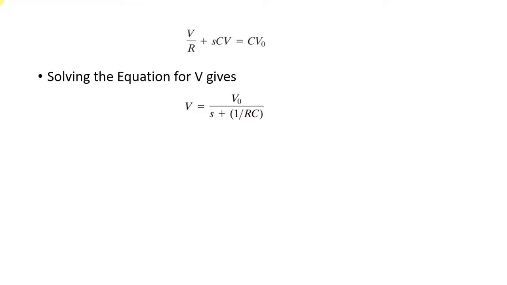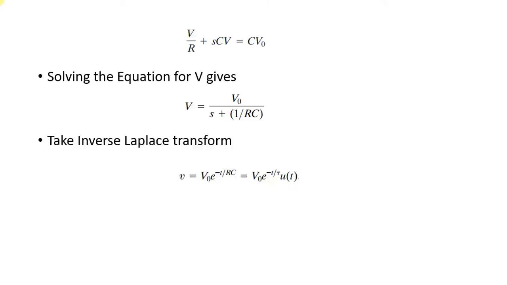Now take the inverse Laplace transform. It is V naught into e power minus t divided by RC. I already told that tau is RC, the time constant. Comparing with the previous equations, both are equal.